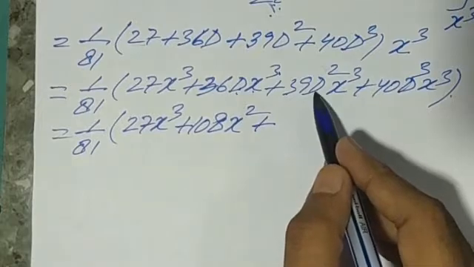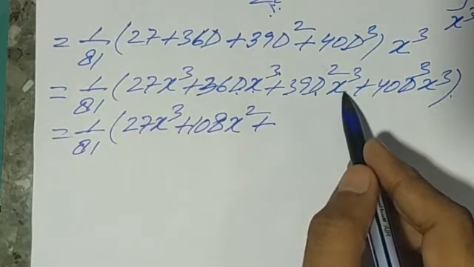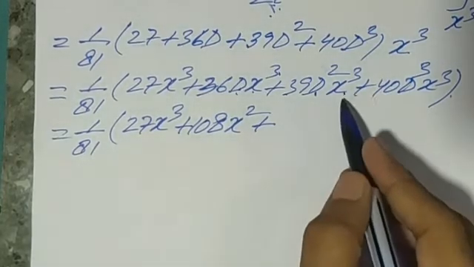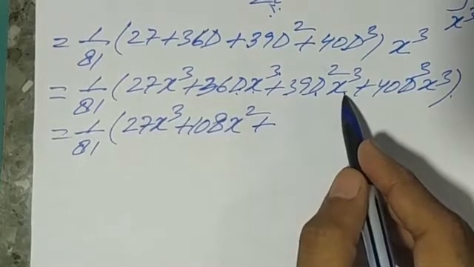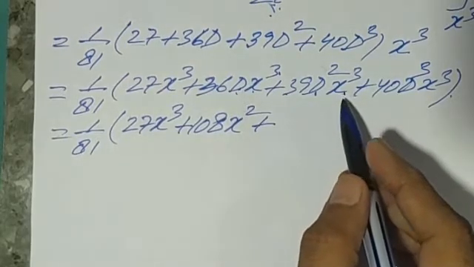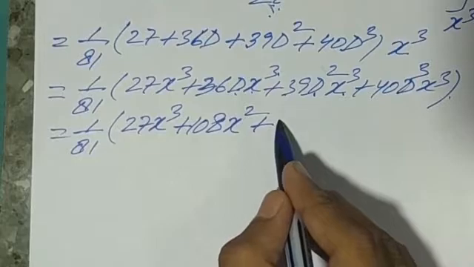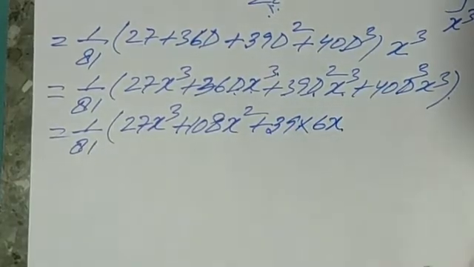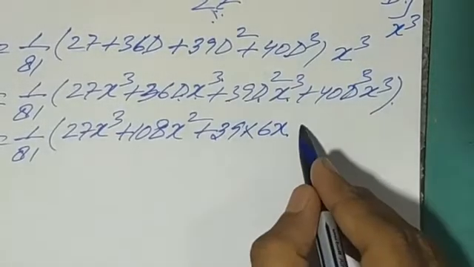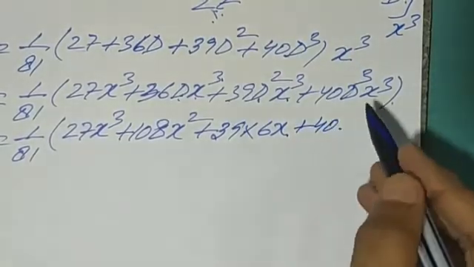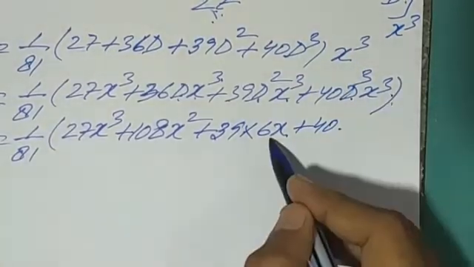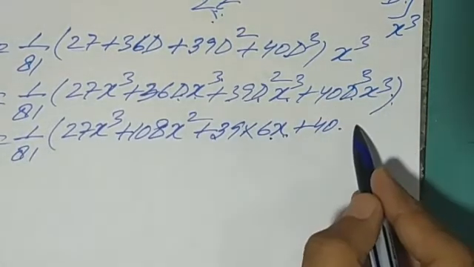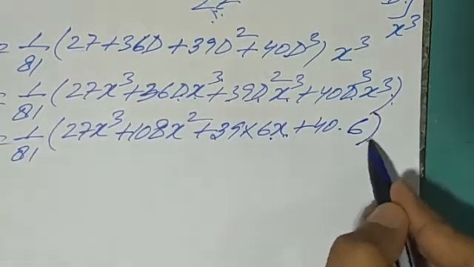So d square means the second order differential of x cube. So the first order will be 3x square, and the second order differential will be 6x. So we get 39 into 6x. Then next 40. Third differential of x cube, that is, the second order differential is 6x, then the third differential will be 6. So we get 6.